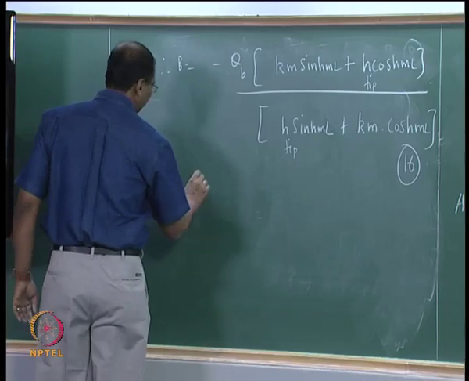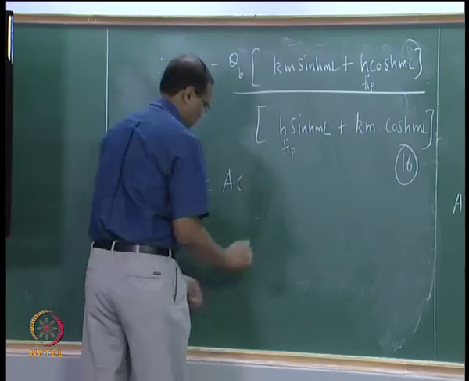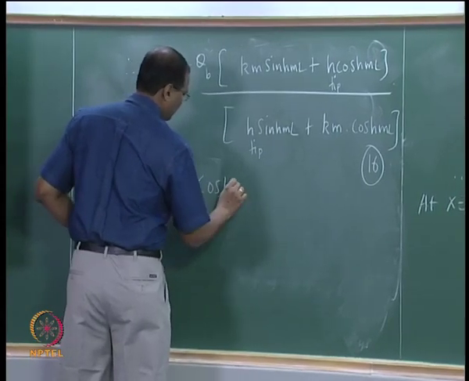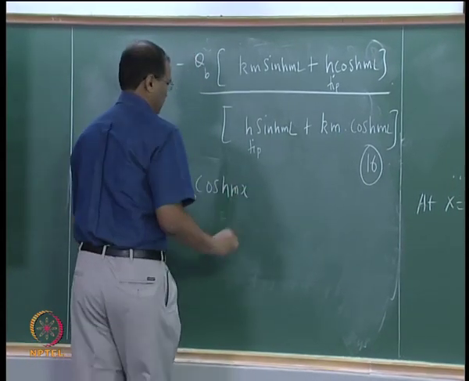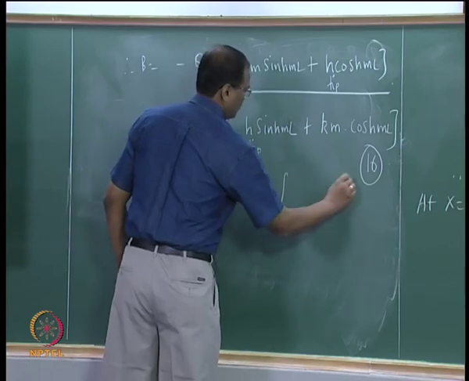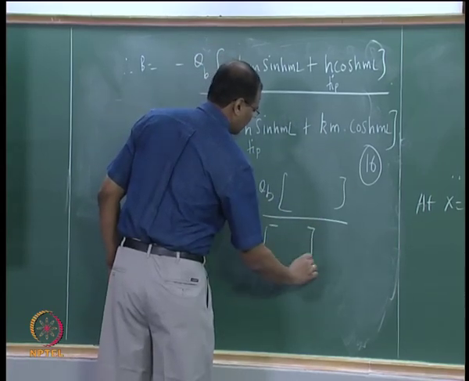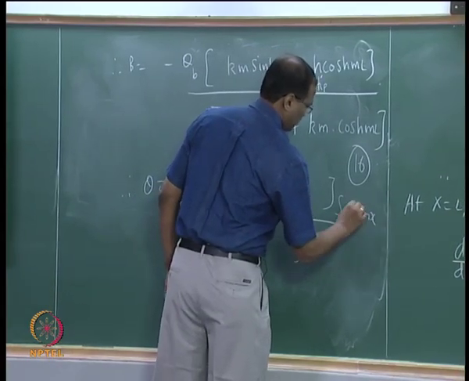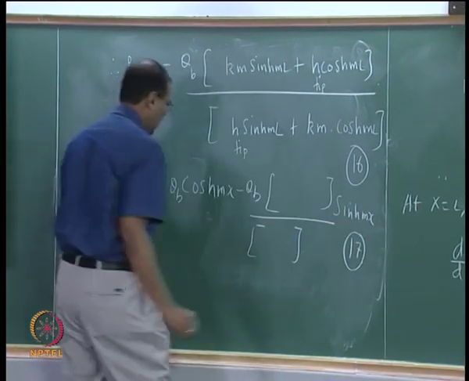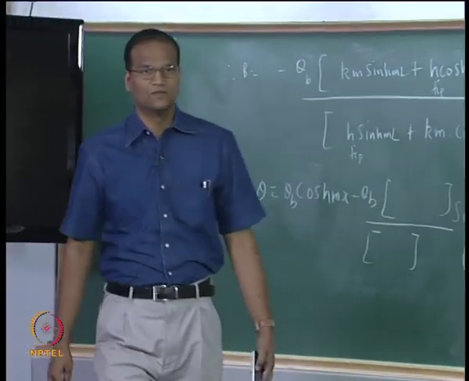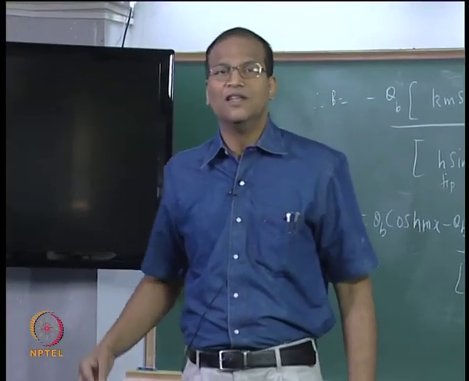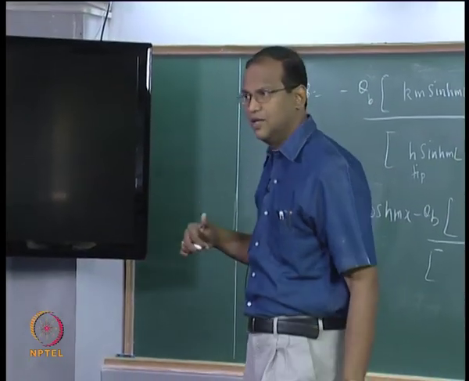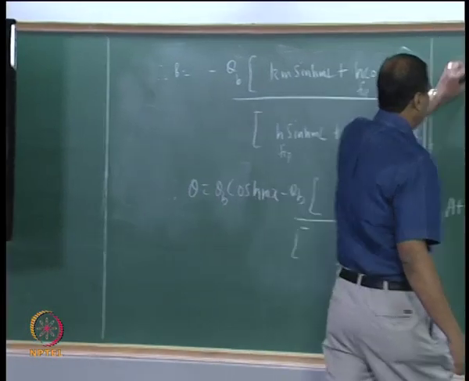Therefore, is it correct? Thank God, theta b is on both the terms, so I can bring theta b to the left hand side. Okay, I can bring theta b to the left hand side.